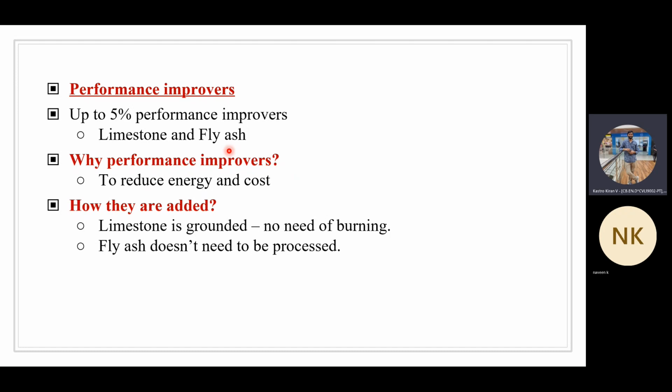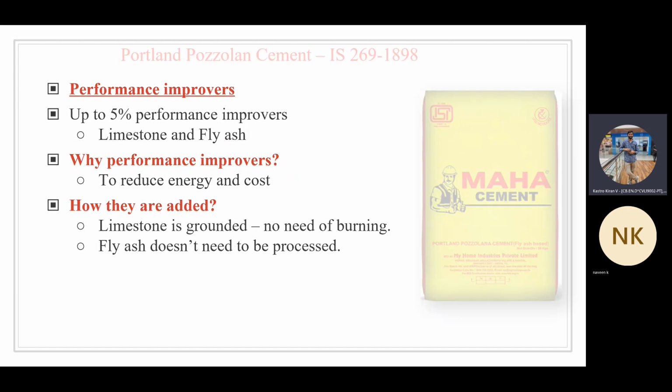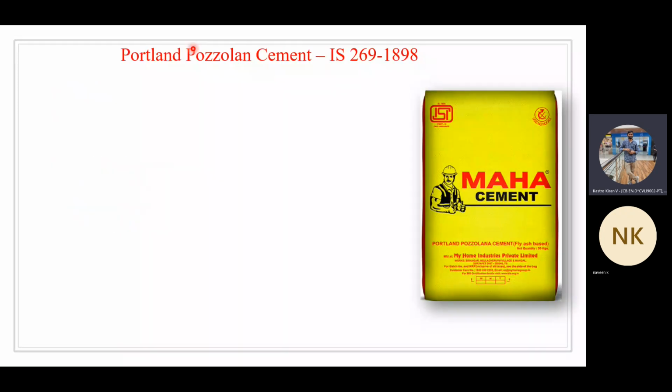And the next type of cement is PPC, which is Portland Pozzolana cement. This is the standard code book that you can refer to in order to get the details or specifications of the PPC. You can see on the cement bag itself, Portland Pozzolana cement, and in the brackets, it is fly ash based. So the pozzolana here is fly ash. They will add a certain amount of fly ash to the cement.